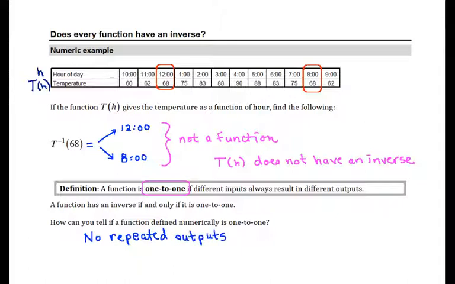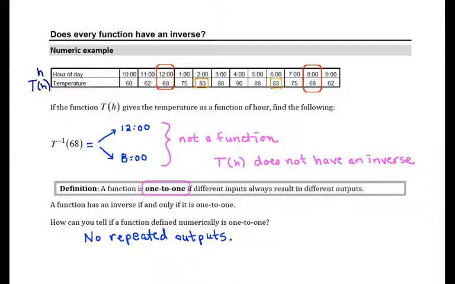Even if we hadn't been given an input like 68 for our inverse function, if we had just been given this function and asked, is this one-to-one, all we really have to do is look through it for any repeated outputs. For example, maybe I notice that the output 83 appears more than once.